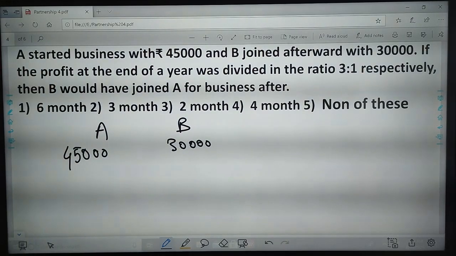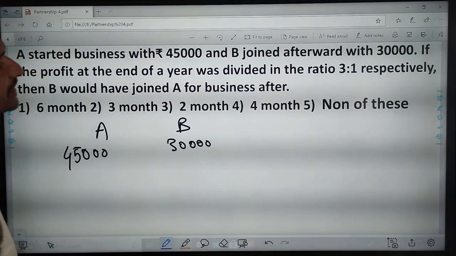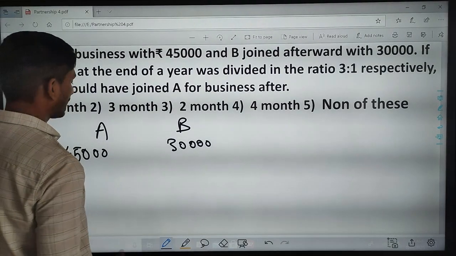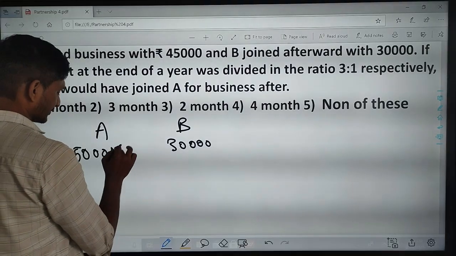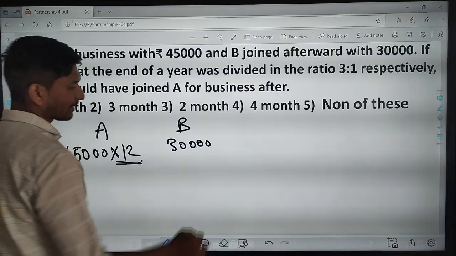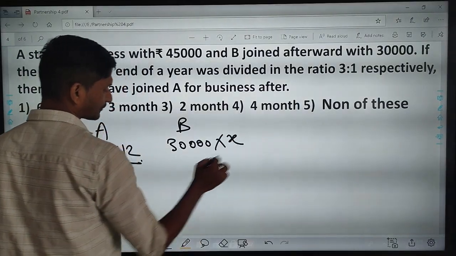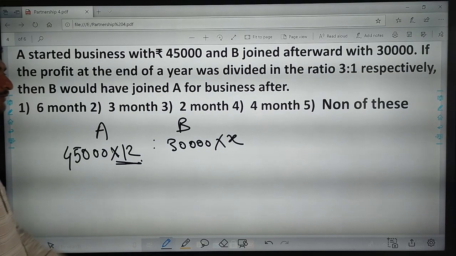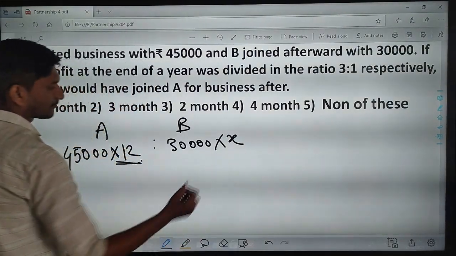At the end of the year B joined after some time. A's investment is for 12 months and B's investment time is x months. Here the time is not given, we find the time of B.